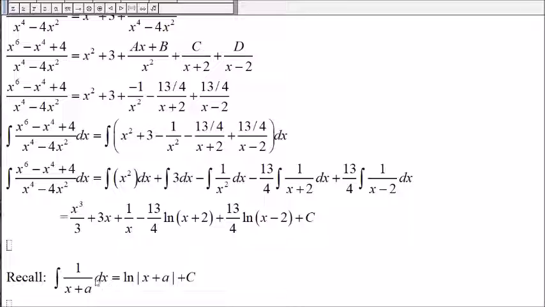And then recall that the integral of 1 over x plus a is the natural log of the absolute value of x plus a. And so the integral of 1 over x plus 2 will be the natural log of absolute value of x plus 2. And then right here we have the natural log of absolute value of x minus 2. And this is the answer.